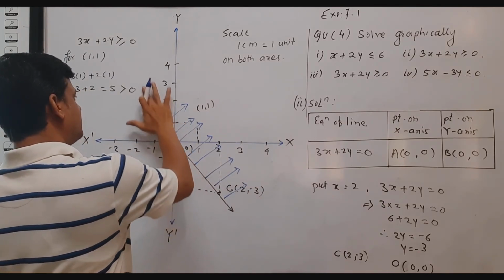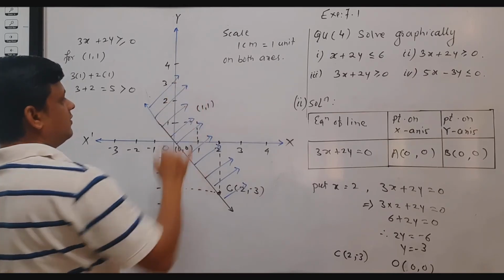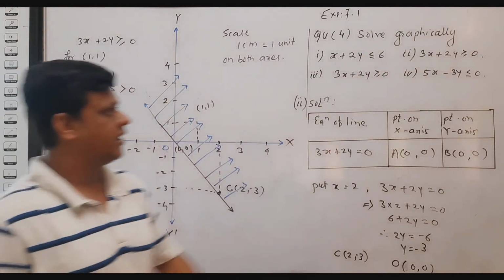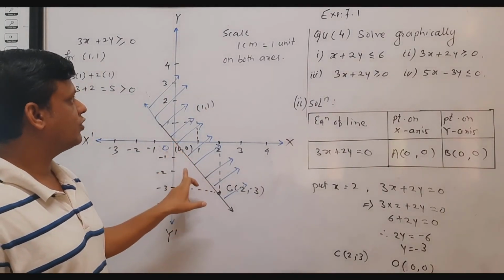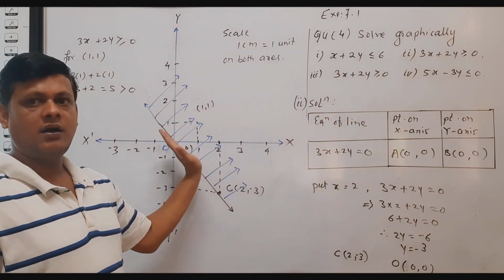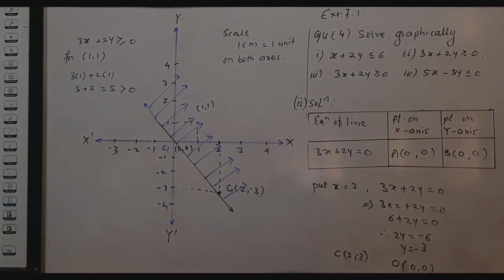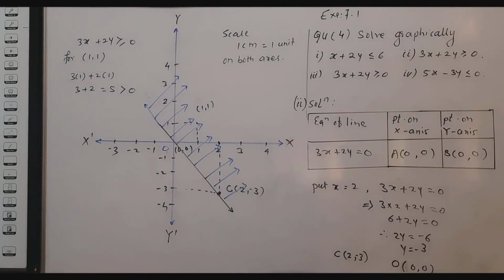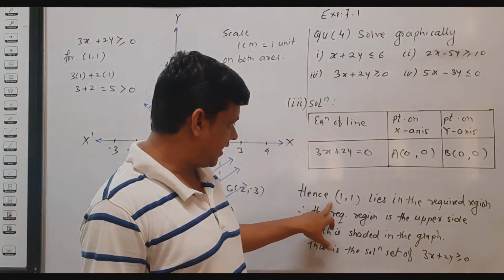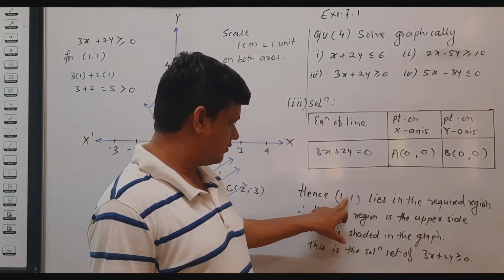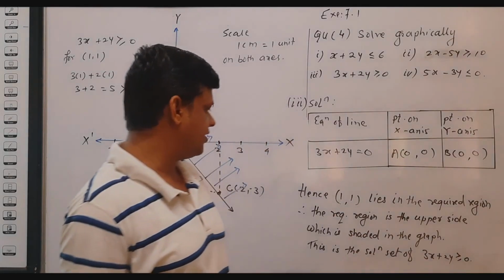So this is the solution for this inequation, which consists of the line which passes through the origin and the region above the line. So we write the solution: hence 1, 1 lies in the required region.